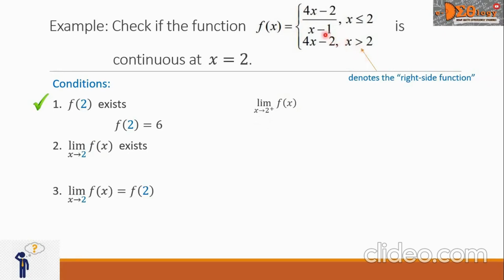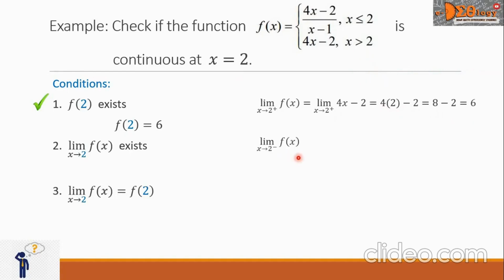So we're going to use this function, and substitute it in our notation. So we have the limit of 4x minus 2 as x approaches 2 from the right. Evaluating this limit, we substitute the number 2 for the x. So 4 times 2 is 8 and minus 2 will give us 6.